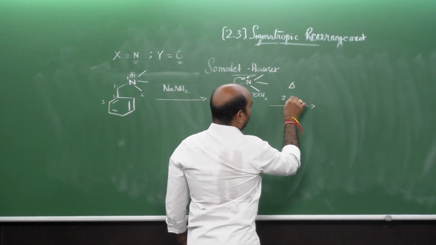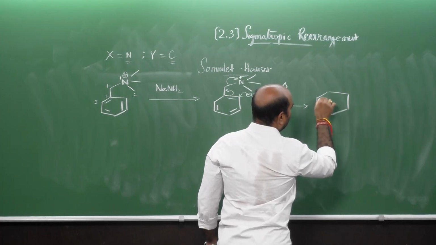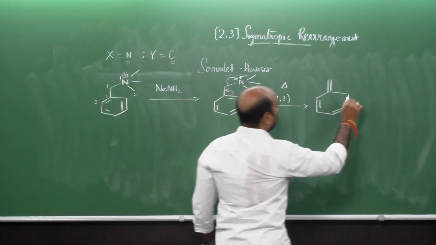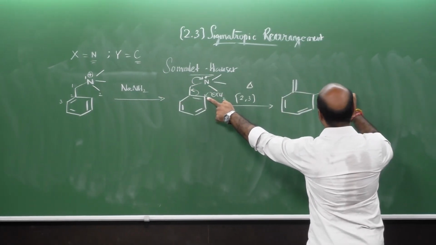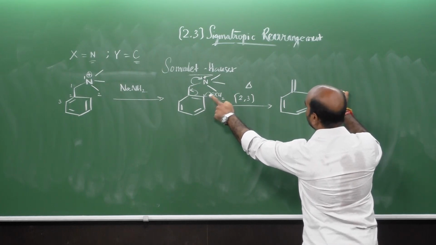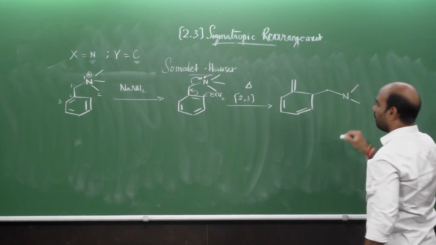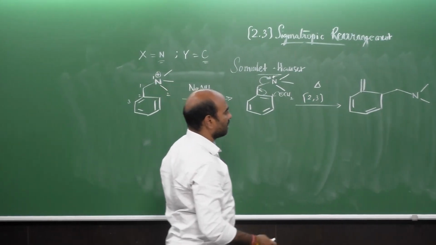Under thermal conditions, the 2,3 sigmatropic rearrangement, a double bond is formed here, and now this carbon has formed a sigma bond with this ring, and it is connected to a nitrogen. Nitrogen has 2 methyl groups, a dialkyl benzyl amine system.